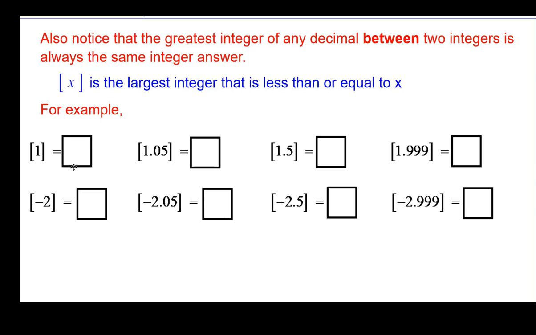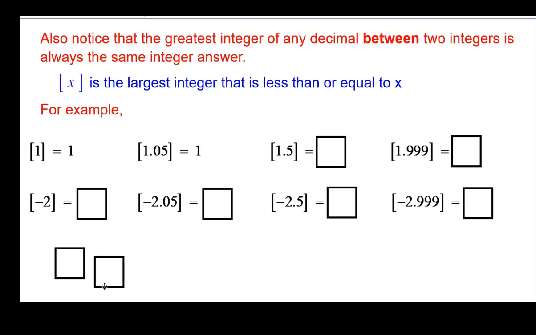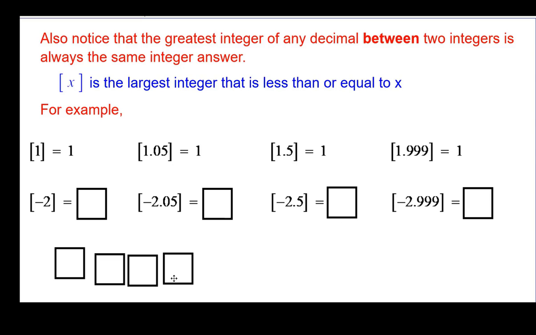So let's look at the greatest integer of 1. We pretty much know that's 1. 1.05, also 1. 1.5, 1. 1.999, 1. That's pretty straightforward. All the ones between 1 and 2, not including 1 and 2 necessarily, have the same answer. These three will have the same answer as well, because they're all between negative 2 and negative 3.